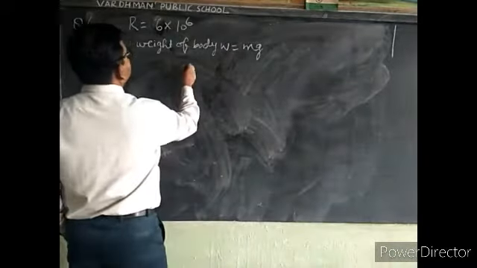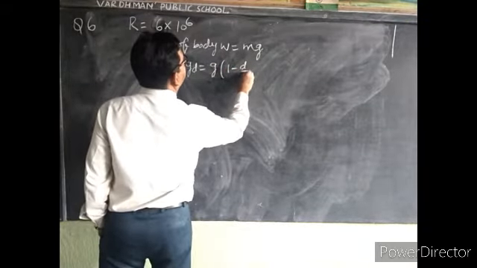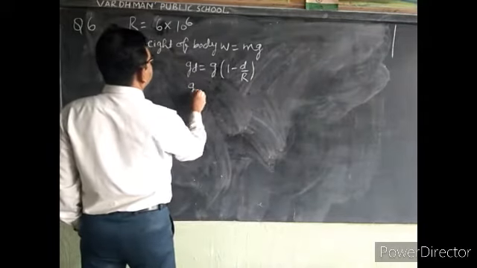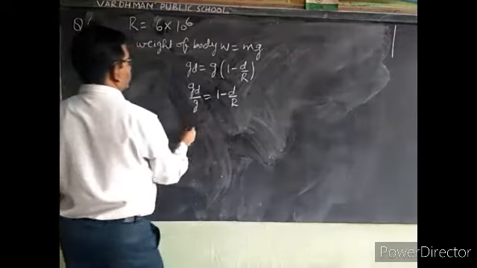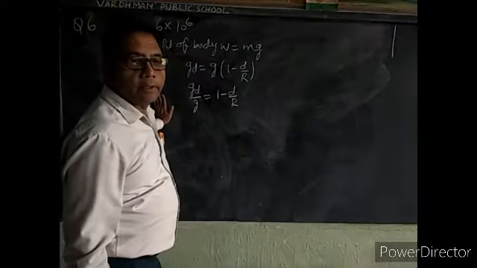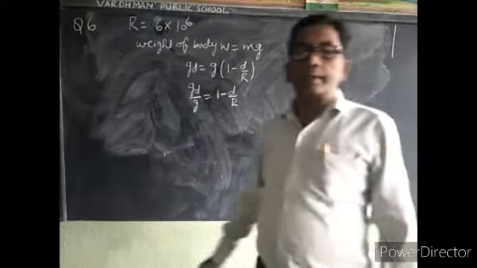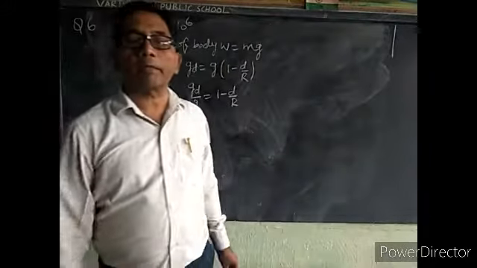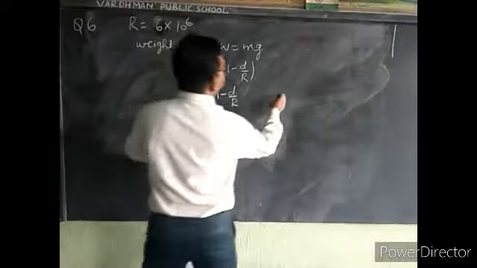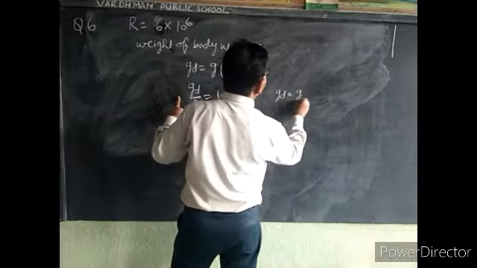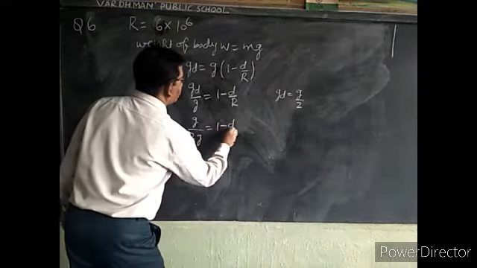And we know gd is equal to g into 1 minus d upon R, so gd upon g is equal to 1 minus d upon R. It is given that at what distance from the center of the earth the weight of the body becomes half. Here gd is equal to g by 2, that is g by 2g is equal to 1 minus d upon R.